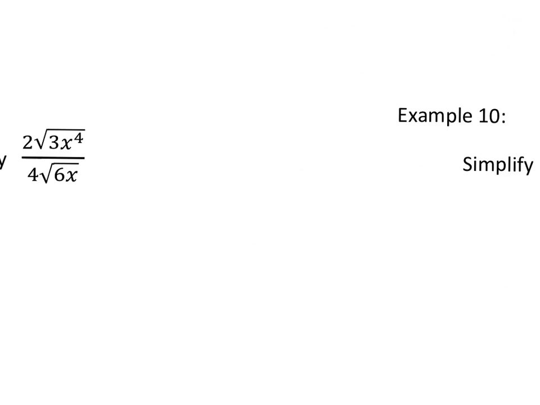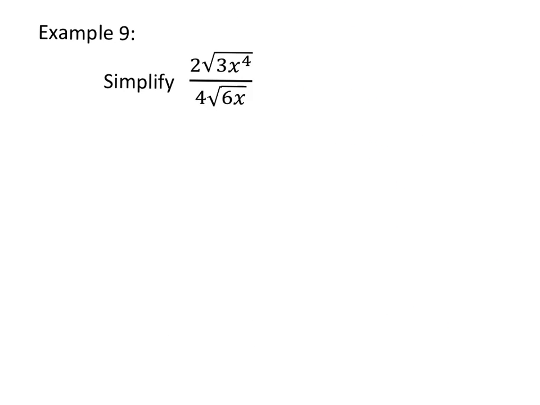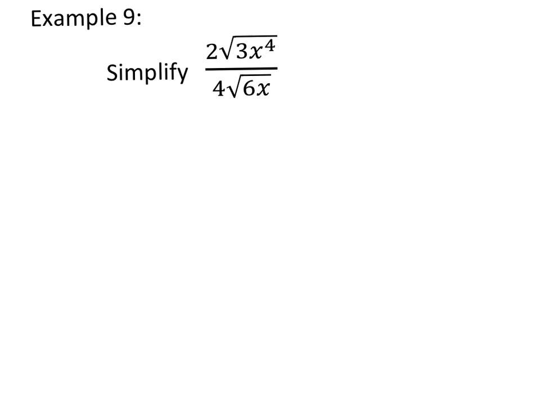Alright, next one. Now I'm going to stop separating them here, and hopefully we are okay with that. But I'm going to do, when I simplify, and I'll show you what I mean. 2 goes into 2 once, 2 goes into 4 twice. I'm going to focus on my roots now. 3 goes into 3 once, 3 goes into 6 twice.